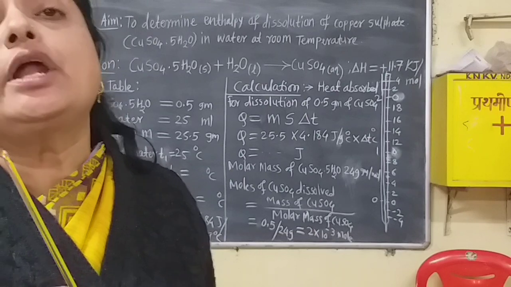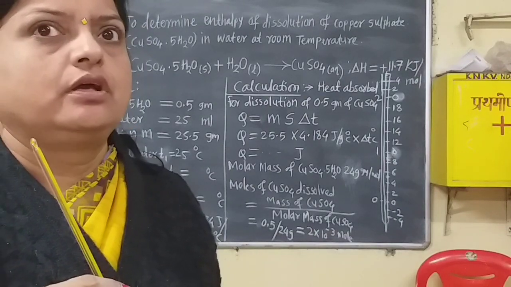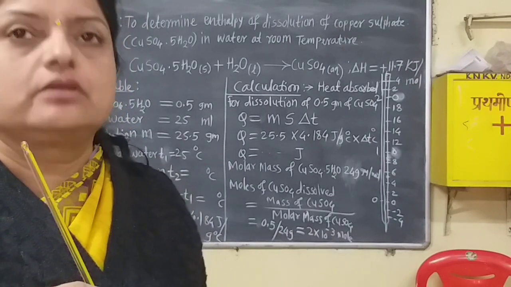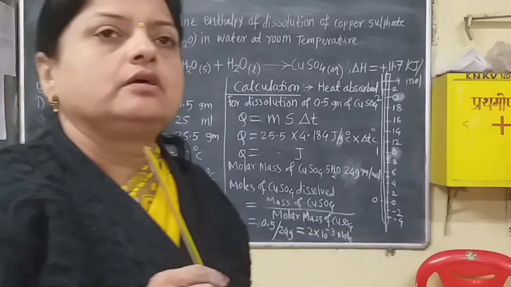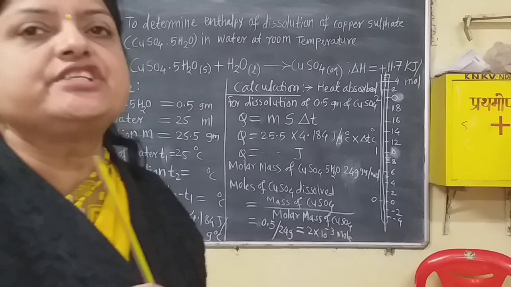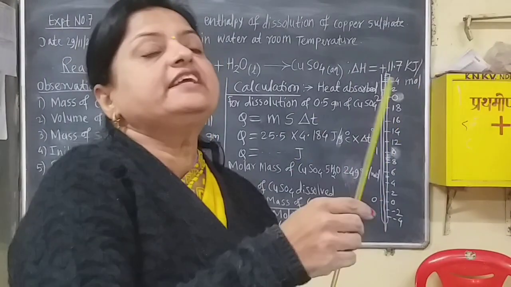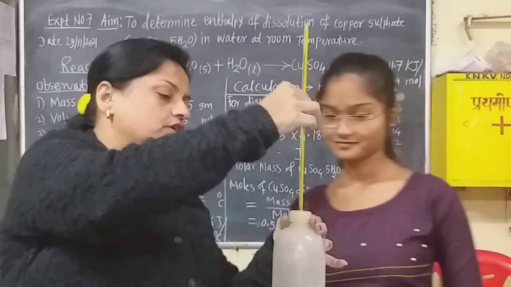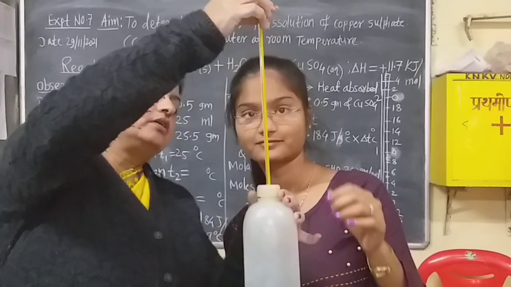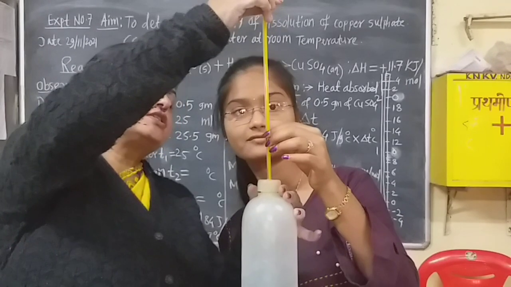Let another student come to see the temperature here. Come, Khedkar, come here, or Kulkarni will come here. Both of you come here and see the temperature. How much decrease is there in that temperature? That is very important. Now see where the 20 line is. First see that.